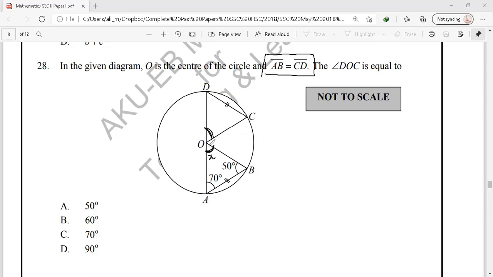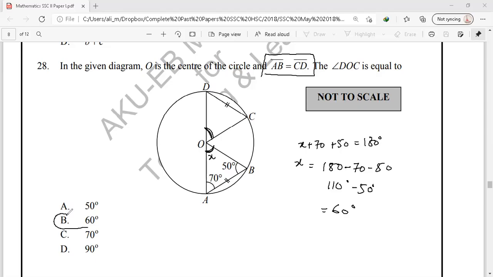We have a triangle OAB in which the sum of all three angles would be equal to 180 degrees. So the central angle would be equal to 180 minus 70 minus 50. 180 minus 70 would be 110, and minus 50 would become 60 degrees. So the correct option in question number 28 is option B, 60 degrees.